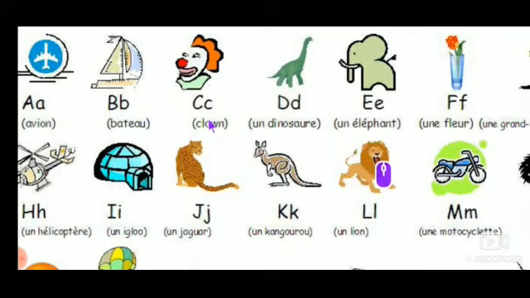For example, some other word. Bus. The first letter is B, right? But when we spell it alone, we say B. But when we pronounce bus, the B sound is coming. Do you understand?